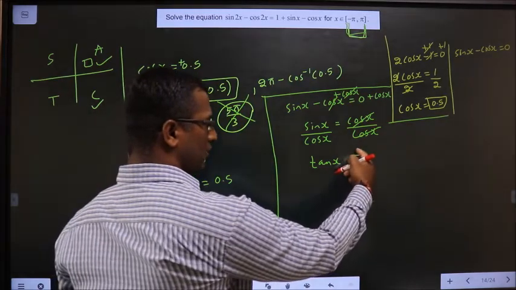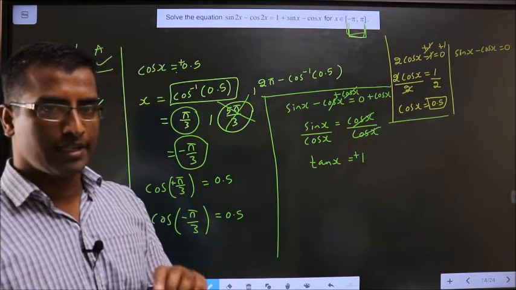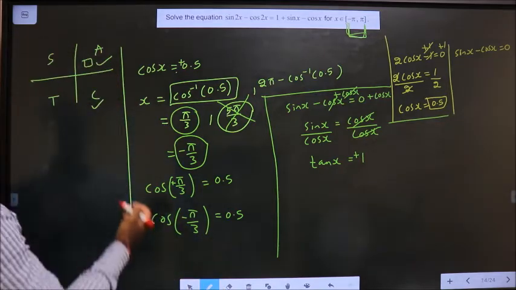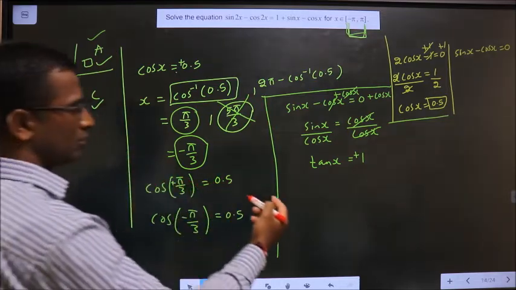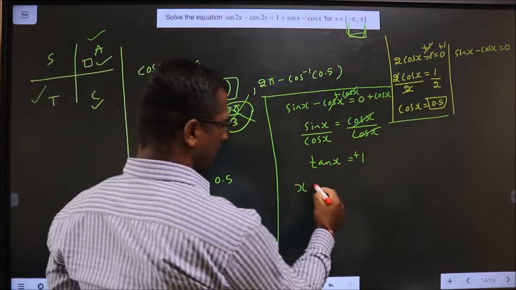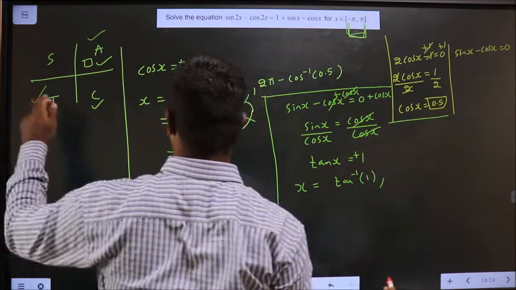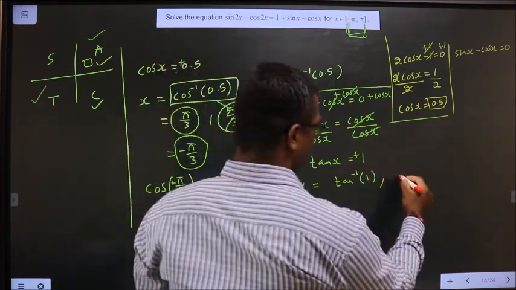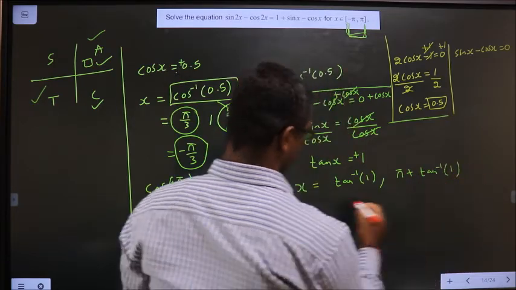Now here you have positive. Now you should see in what all quadrants is tan positive. Tan is positive in first and the third. So to get an angle in the first, it is directly tan inverse 1. And to get an angle in the third, it is pi plus tan inverse 1.